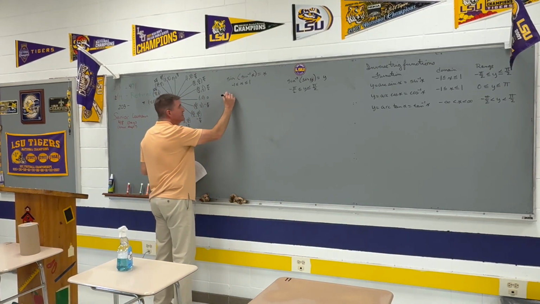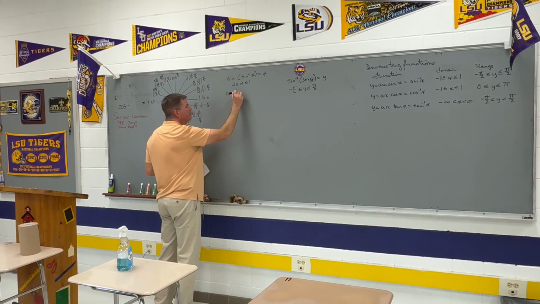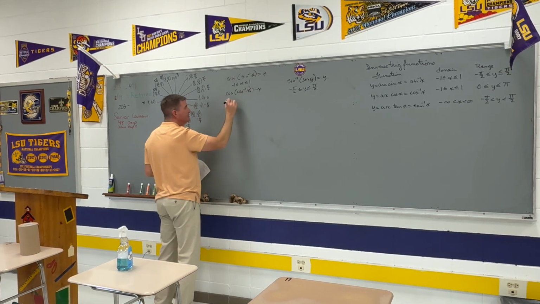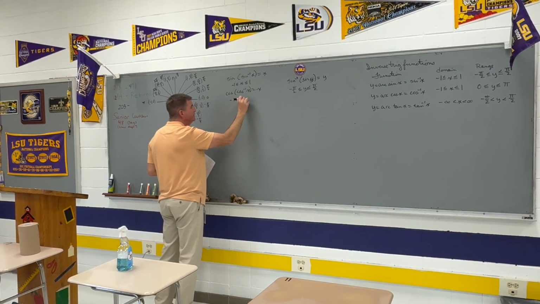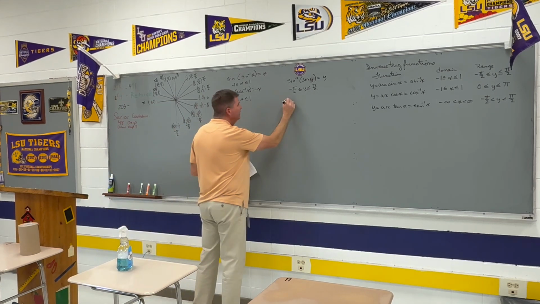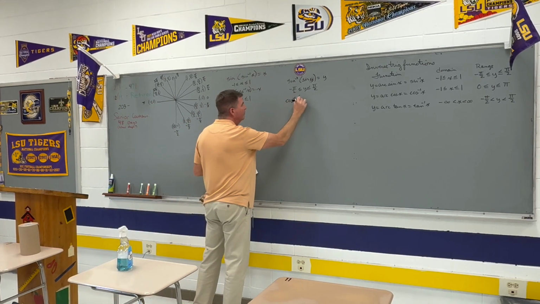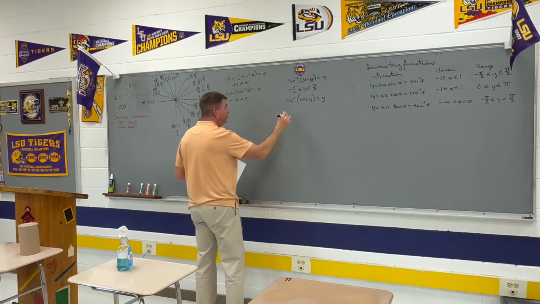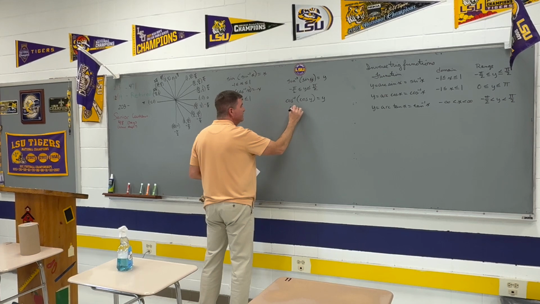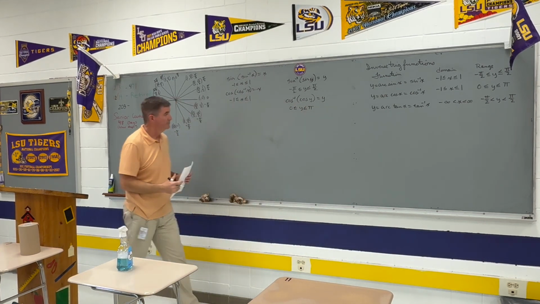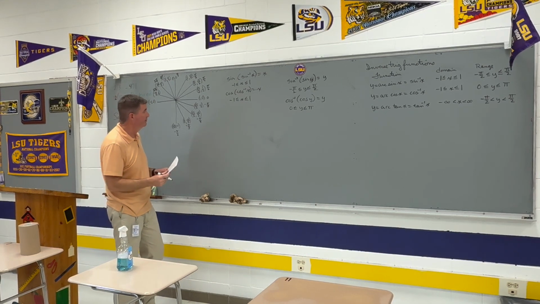If I'm looking at the cosine, again, the cosine of the inverse cosine of x is equal to x, but for the cosine, it's the same between -1 and 1 because of the graph. And if we're having the inverse cosine of the cosine of y, it's also equal to y, but the inverse cosine is restricted to 0 to pi. So again, the same as long as it's between 0 and pi.